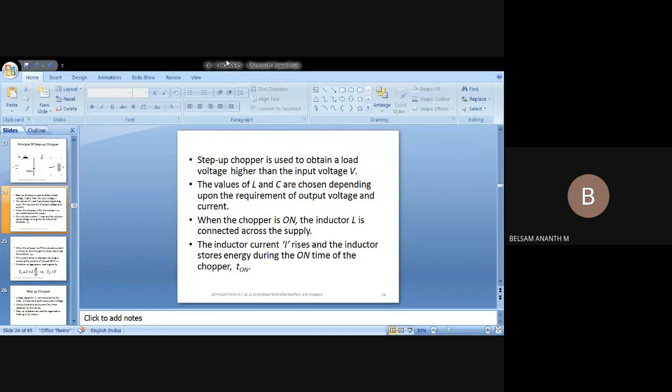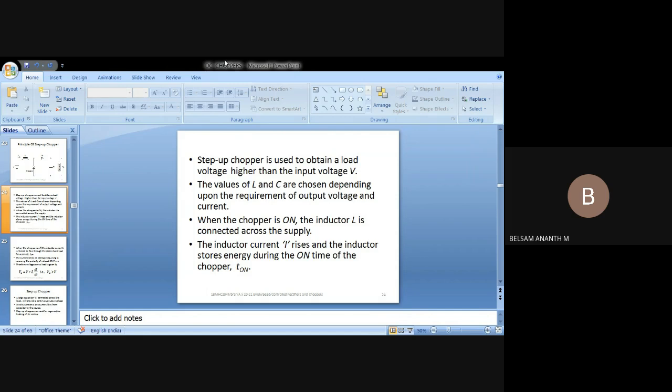According to the rating only, you will decide either the on time or the off time, or the running time, or the transient time required to stabilize themselves and reach the settling time with a little amount of overshoot. So please remember, the values of L and C are chosen depending on the requirement of output voltage and current level.